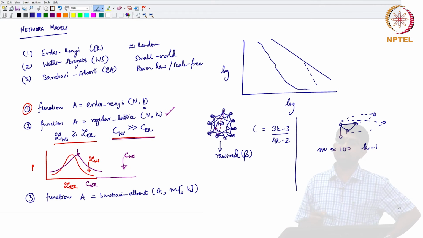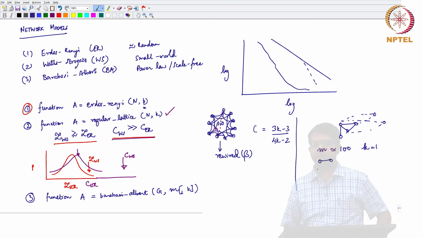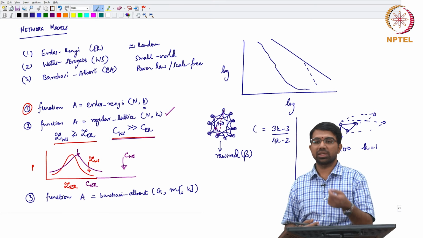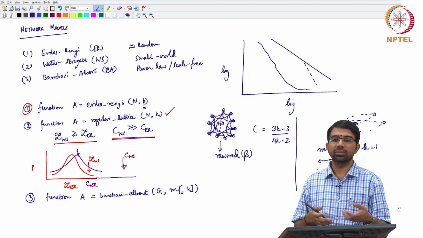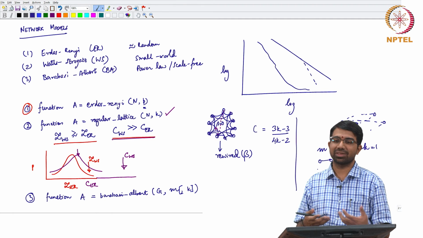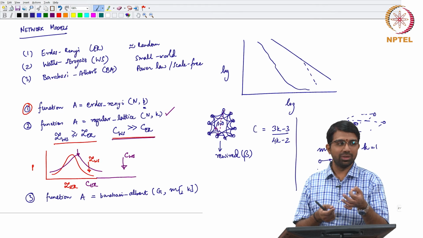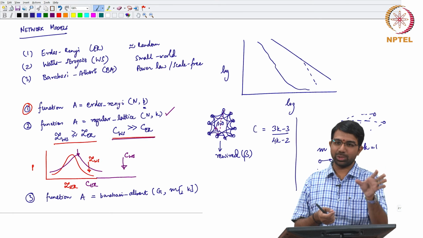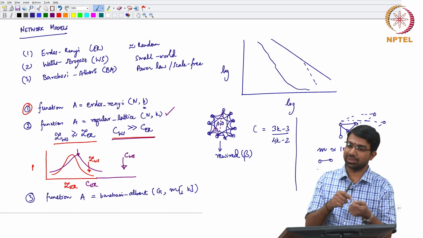Let us say we start off with this initial graph G, and every incoming node makes one edge with the existing nodes. So, what will be the clustering coefficient? You will find that there is no way triangles can be created, because for a triangle to be created you need one node to make more than one edge, you need 2 edges, and they should also connect to two nodes which are already neighbors.